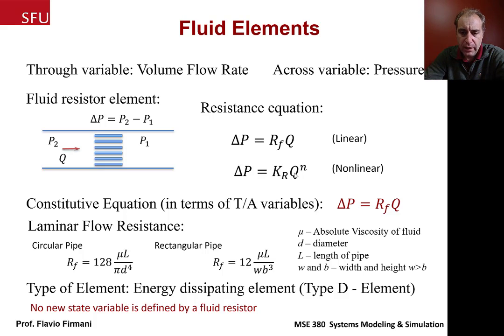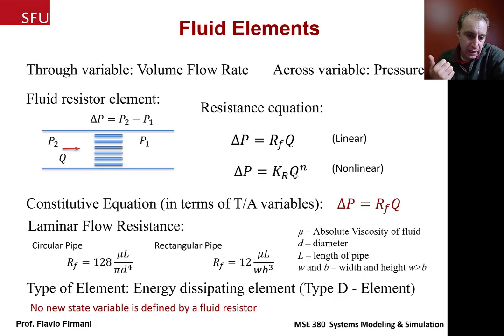Now, another type of fluid resistor is what happens in the pipes. As we mentioned before, when we were talking about laminar flow and the profile of circular pipes, we're going to have a parabolic flow; well, there is going to be resistance of the walls of the pipe on the fluid.